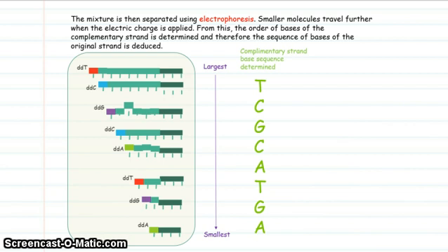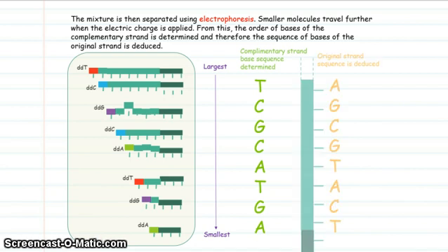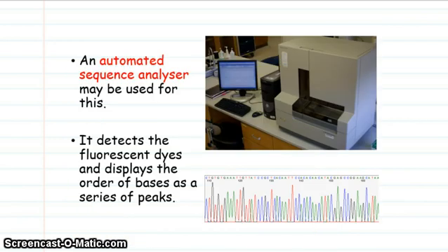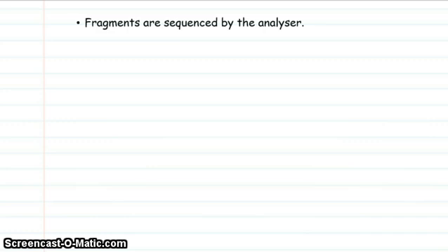Now, of course, if that's the sequence of bases on the complementary strand, then the actual template strand you are trying to determine is like so. And all that can be done using an automated sequence analyzer. The fragments are sequenced by the analyzer.